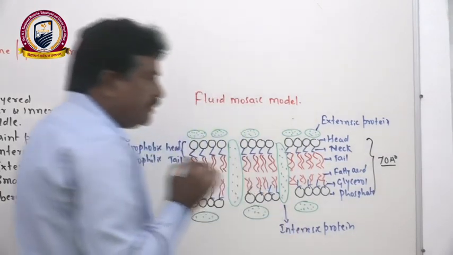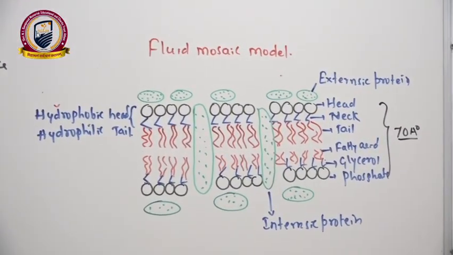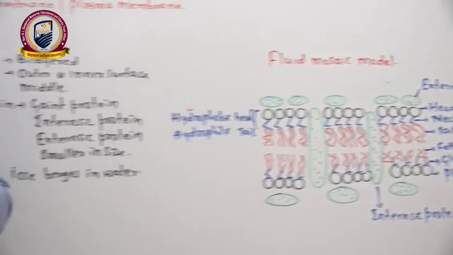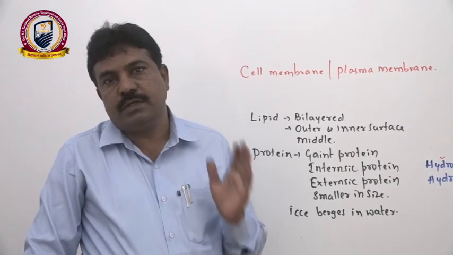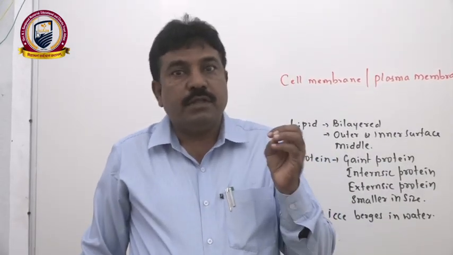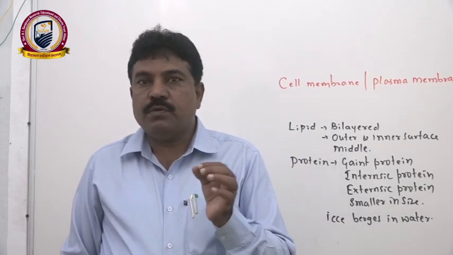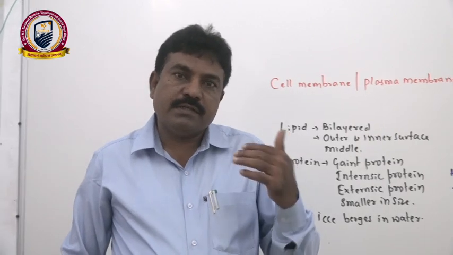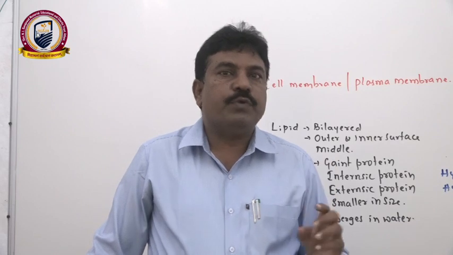This concept is most important because all cell membranes are called a unit membrane. Either you take the membrane of the Golgi complex, chloroplast, mitochondria, nuclear membrane, or the tonoplast, which is the membrane present around the vacuole, or even the cell membrane of bacteria, typically they have a lipoprotein layer.